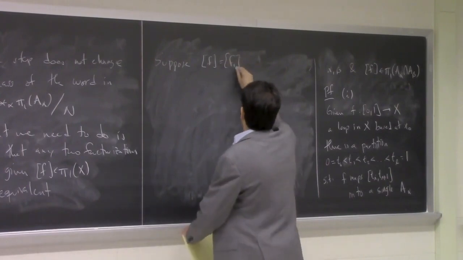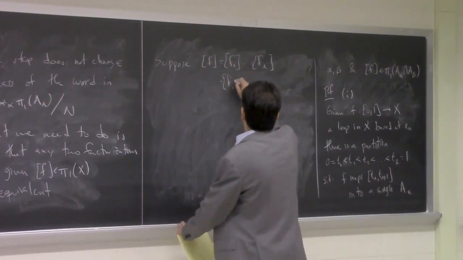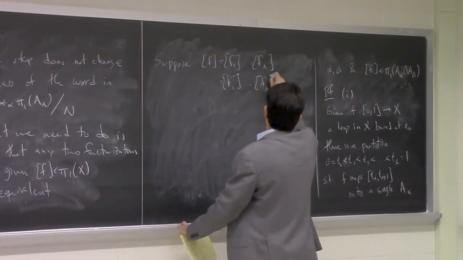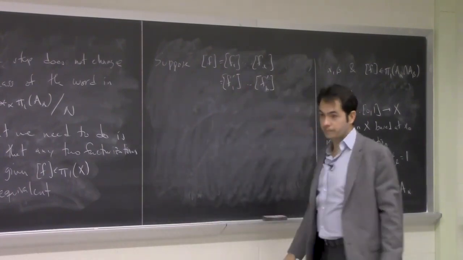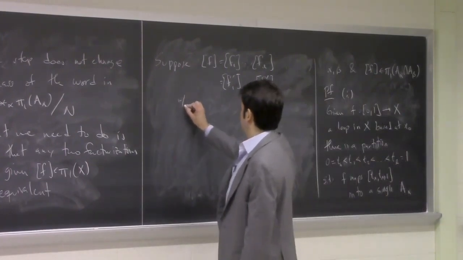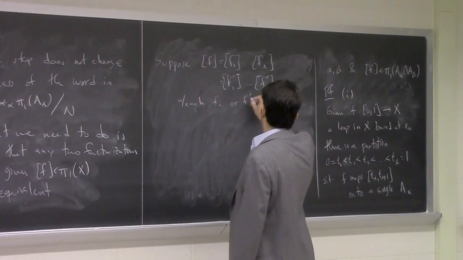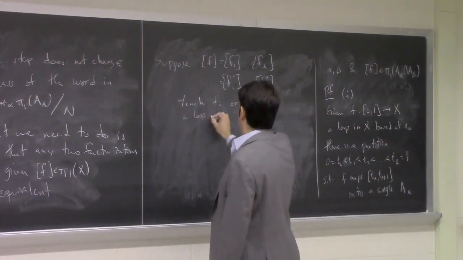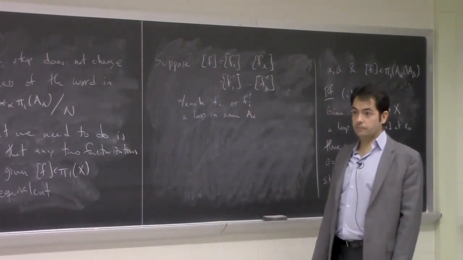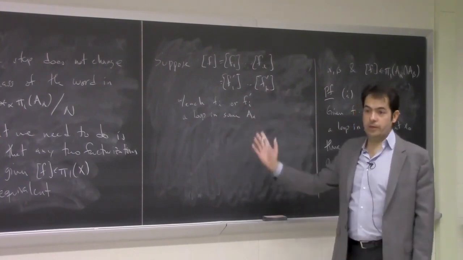So we're going to write it as f_1 through f_l and f_1 prime to f_k prime, with each f_i or f_i prime a loop in some A_alpha. Different A_alpha for each one.